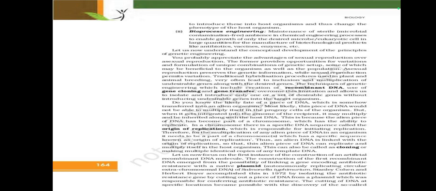Let us now focus on the first instance of the construction of an artificial recombinant DNA molecule. The construction of the first recombinant DNA emerged from the possibility of linking a gene encoding antibiotic resistance with a native plasmid, an autonomously replicating circular extrachromosomal DNA, of Salmonella typhimurium.